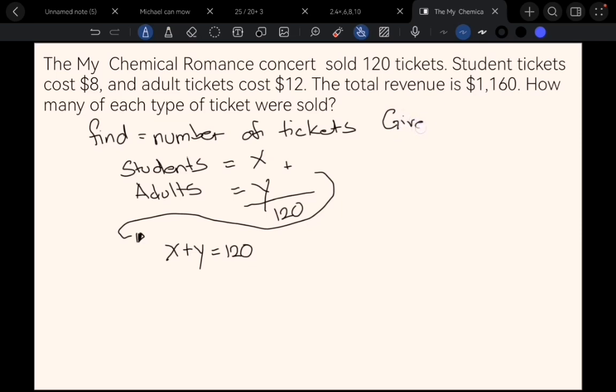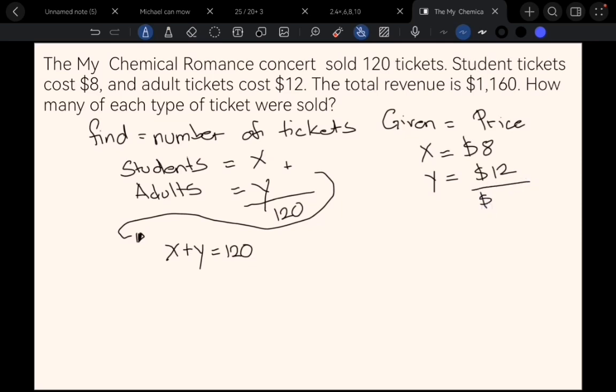Of course, we will check what are the given information that we have here. So again, the givens that we have are all the prices. The student tickets, represented by X, are sold at $8, and Y for adults are sold for $12.